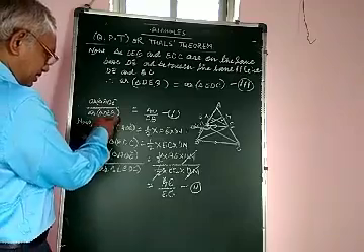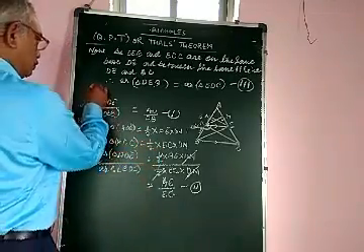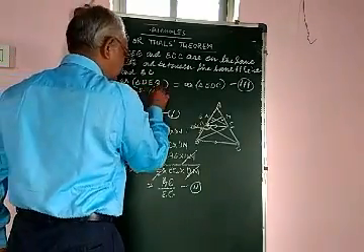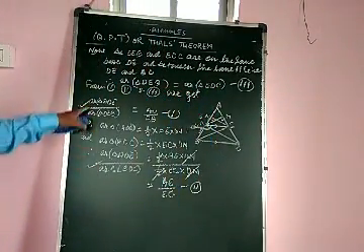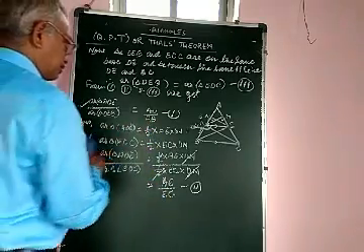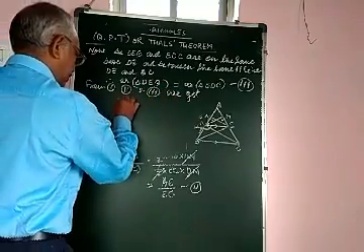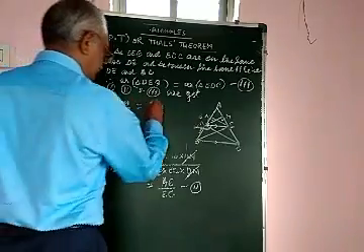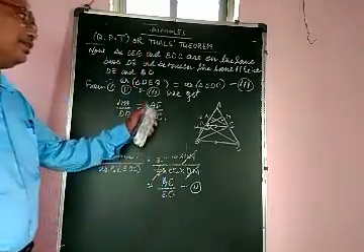So from equations 1, 2 and 3, we get that left sides are equal, then right sides will also be equal. From 1 and 2 we get AD upon DB is equal to AE upon EC, and this is the BPT theorem proved.